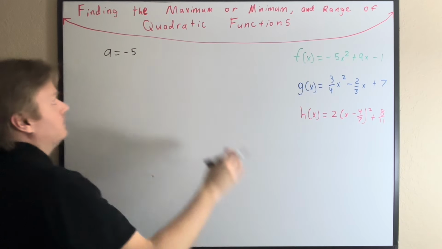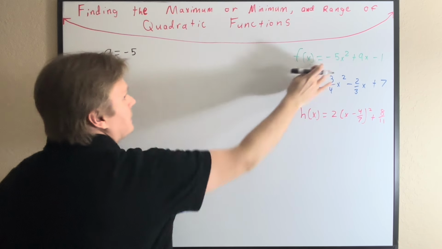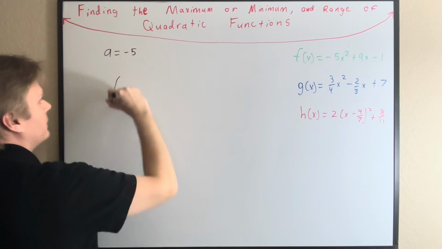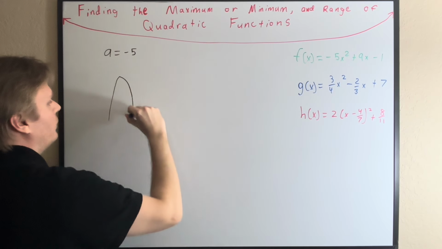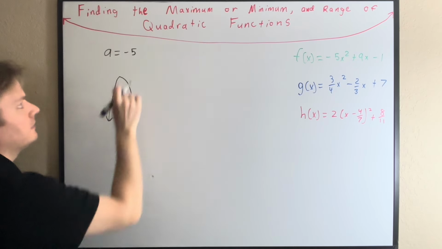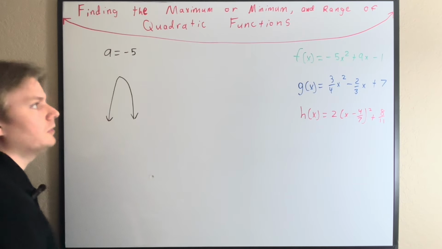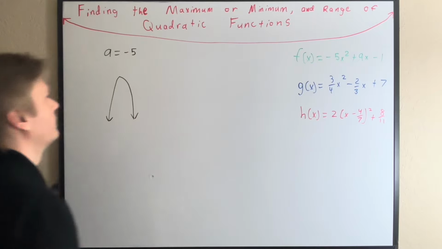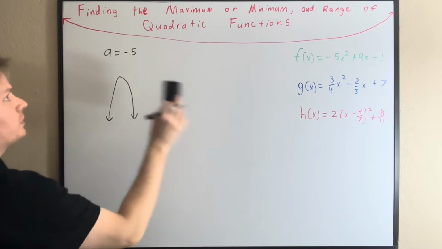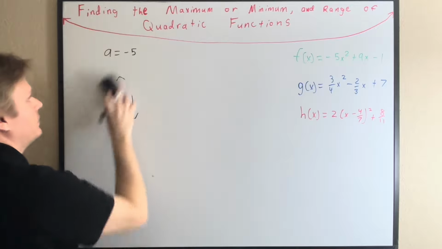A here is negative 5, which means the parabola is going to be opening downward, and it's going to be pretty steep, because 5 is a larger number than 1. So we're looking for the maximum.